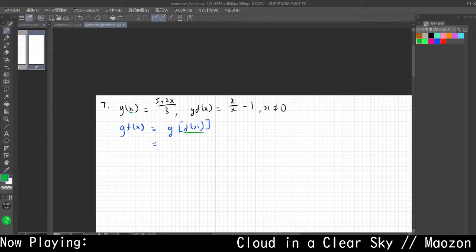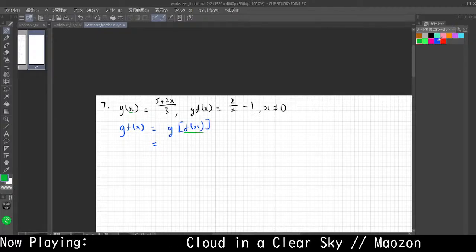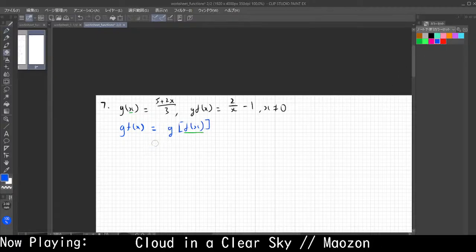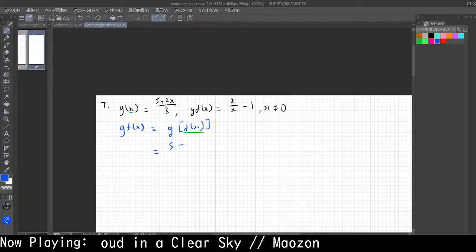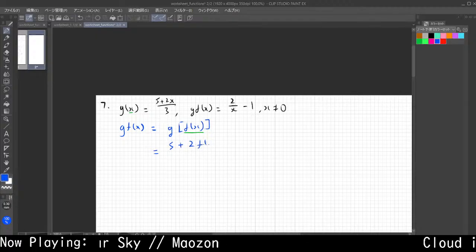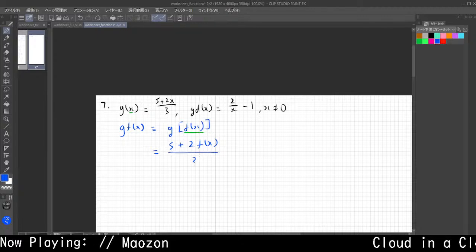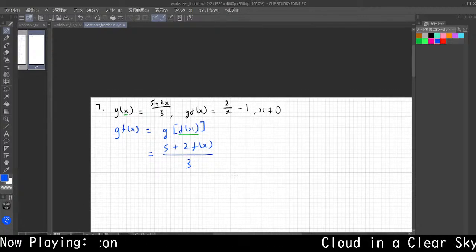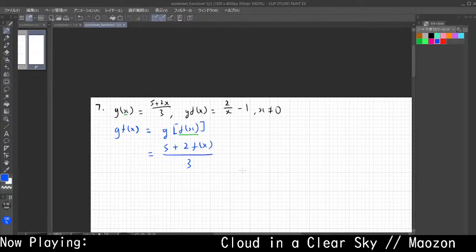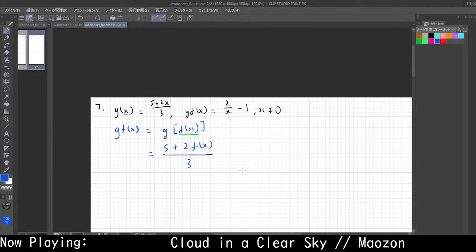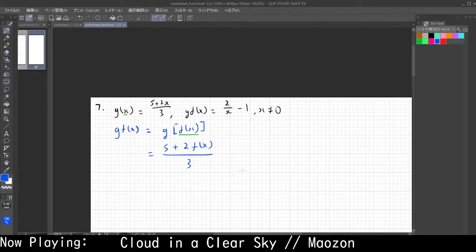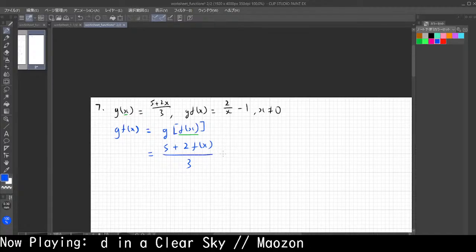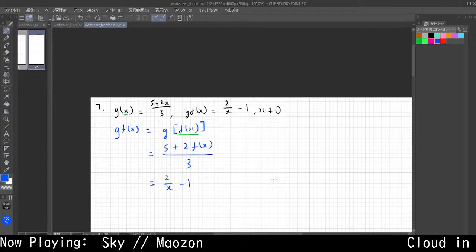So what I will get in this case is 5 plus 2 times f(x), over 3. Since gf(x) is given by the question as 2 over x minus 1, I will let this be equal to 2 over x minus 1.